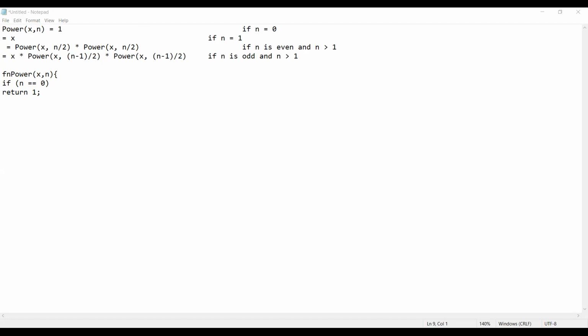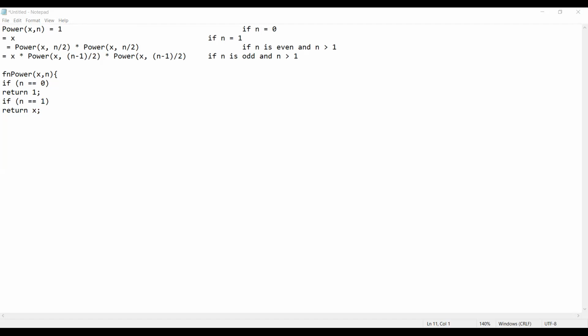So that's why we have to separately consider the condition of n equal to 0 as well as n equal to 1. So if n equals 1, as I told, it will return x, because x is the number. Now after that we have to check another condition, that is if n is greater than 1 and also n mod 2 equals 0, that is for the even number part, then what will be the value it will return.